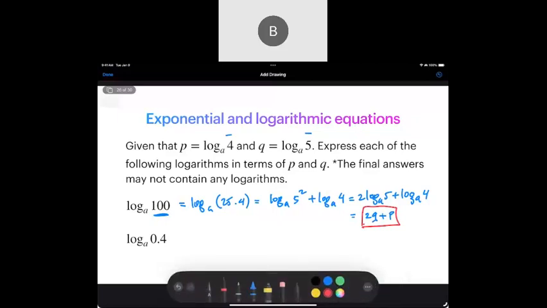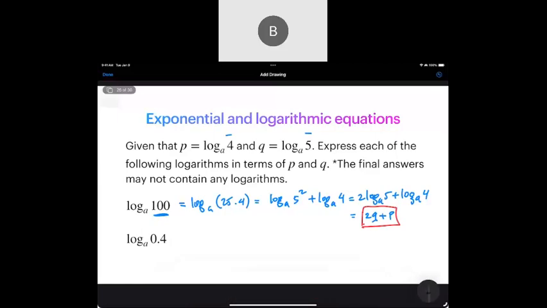So the same thing with the second one. We have 0.4. We can write this as a fraction, 4 divided by 10, which simplified is 2 over 5.